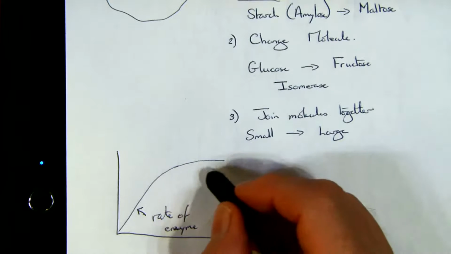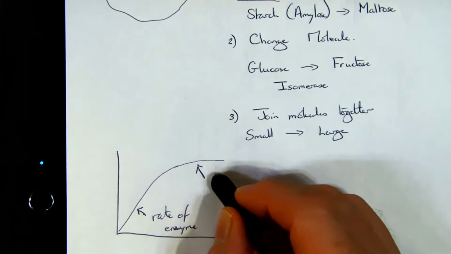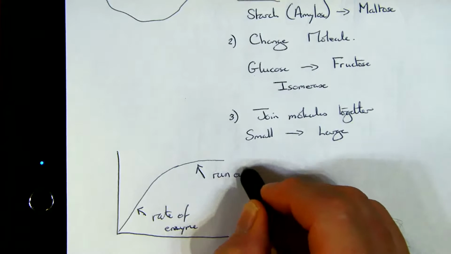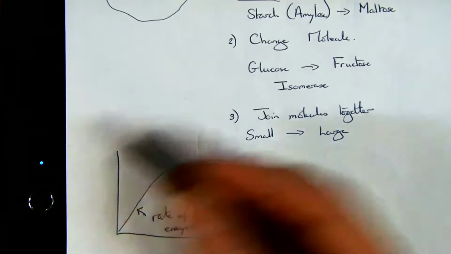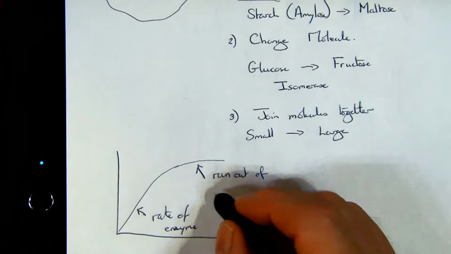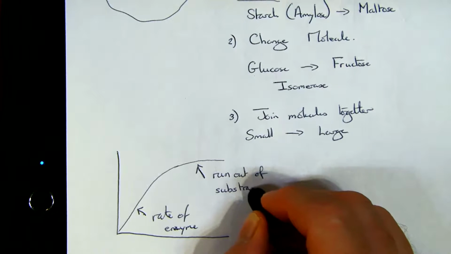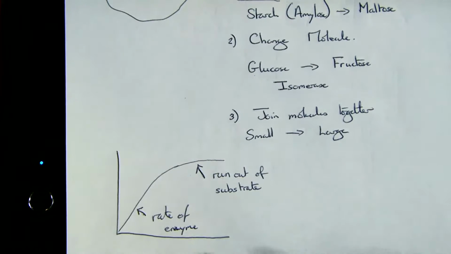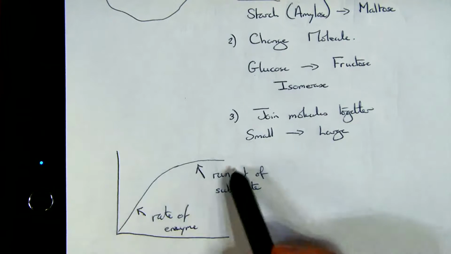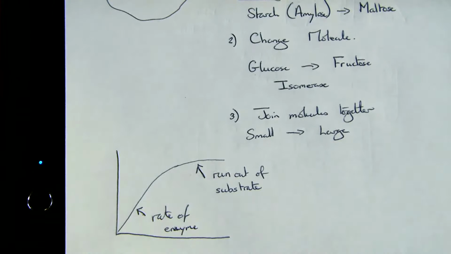But it slows down simply here because we run out of the stuff to work on, and that's called the substrate. And our rate of reaction slows down.